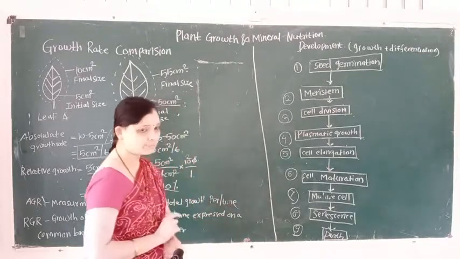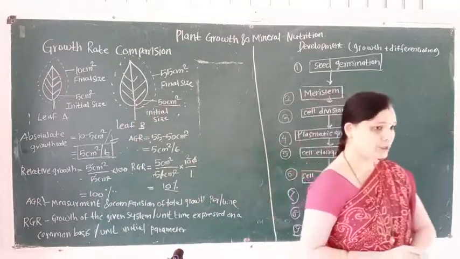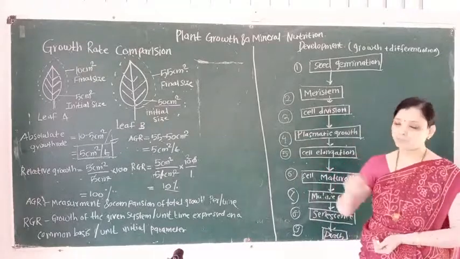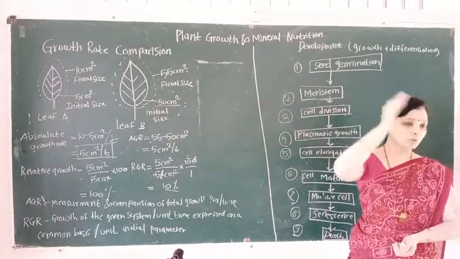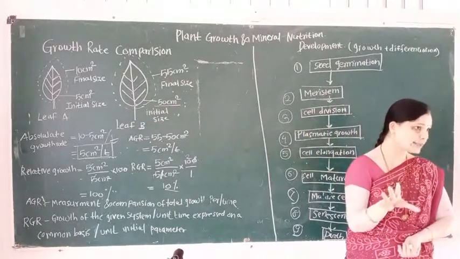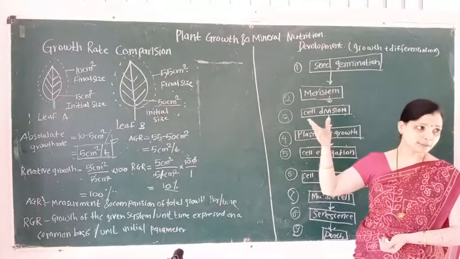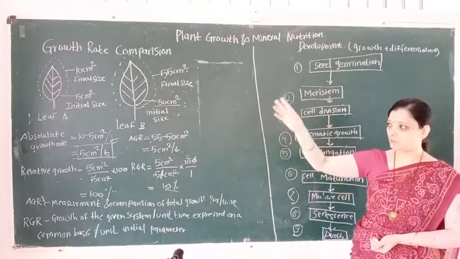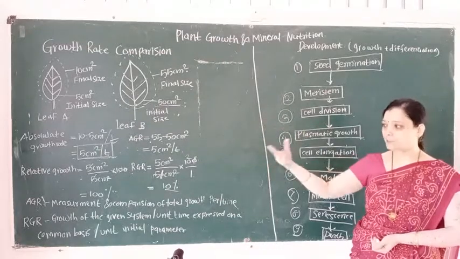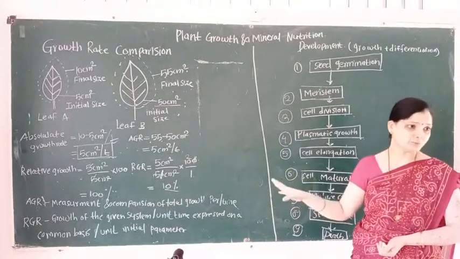these important processes take place. So students, in this lecture we learned two important concepts. First concept is the growth rate comparison, that is, absolute growth rate and relative growth rate. In this lecture we observed two diagrams, and from these two diagrams we calculated the absolute growth rate as well as the relative growth rate.